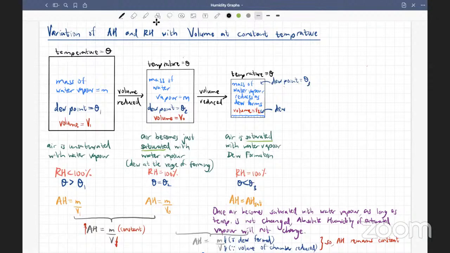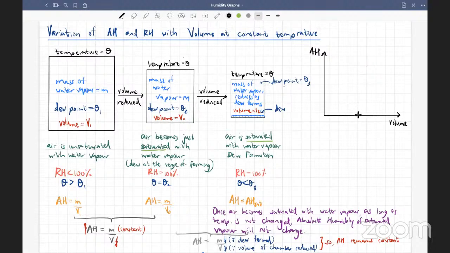Now to plot the graph, let's start with the axis, just like before. This is the graph for absolute humidity, and here we have the volume of the chamber, and we have a reference volume.